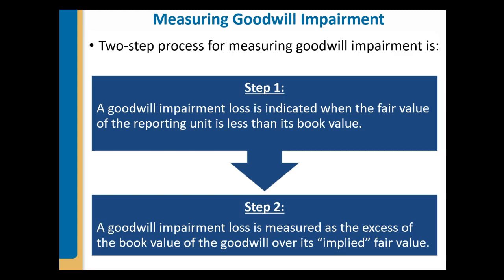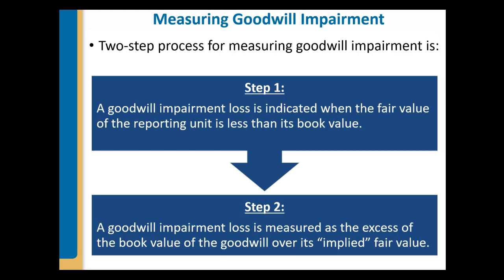The implied fair value of goodwill is calculated in the same way that goodwill is determined in a business combination. That is, it's a residual amount measured by subtracting the fair value of all identifiable net assets from the purchase price, using the unit's previously determined fair value as the purchase price.